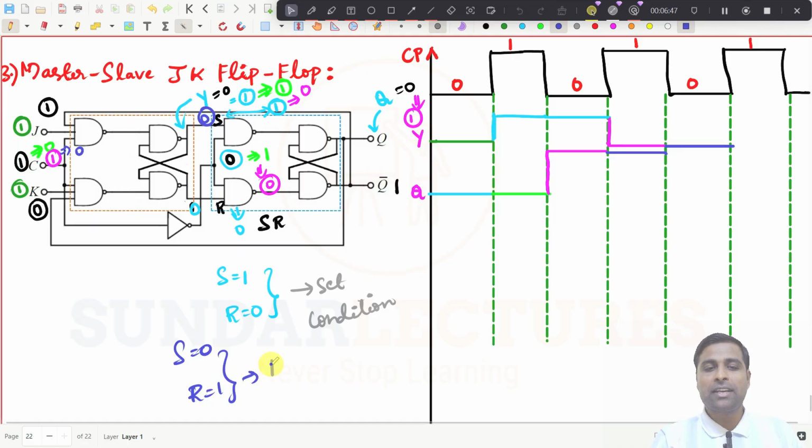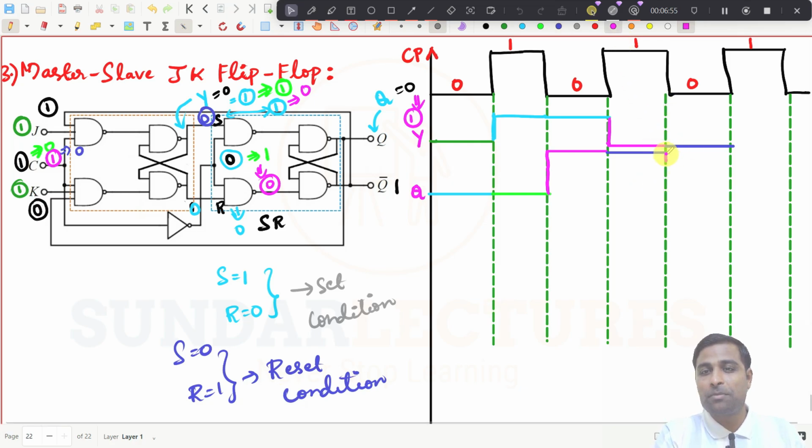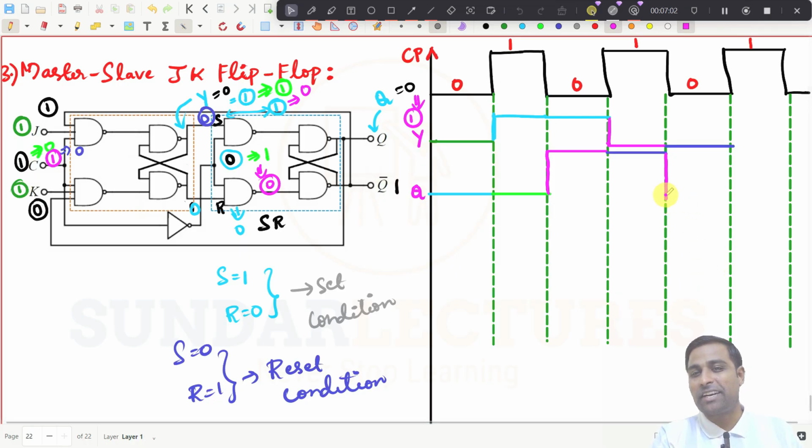It is a reset condition, right? So what happens now? This will come to 0. Try to understand. Then it will continue like this. So this goes to 1 and this will be retained here.